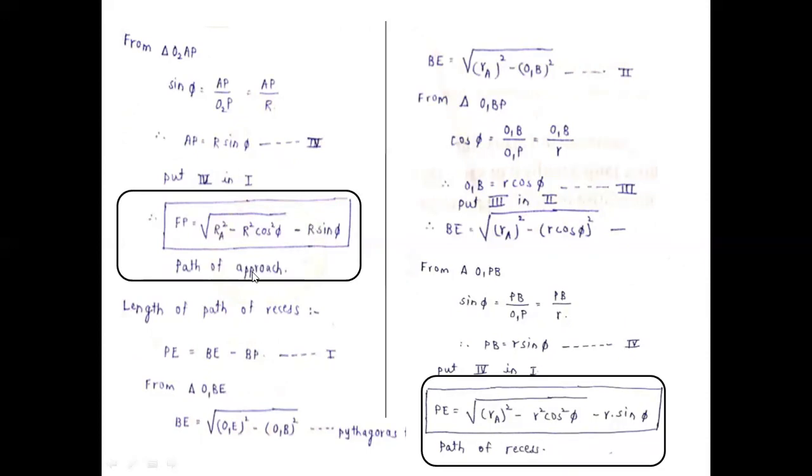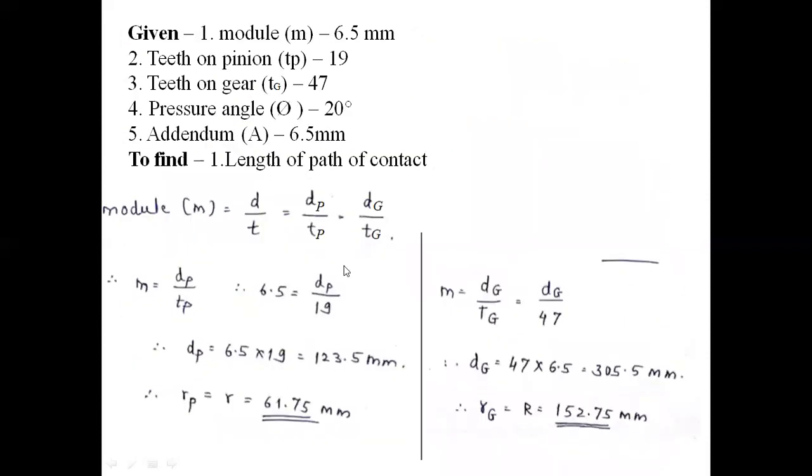In the path of recess formula, we are using the addendum circle radius of the pinion and the pitch circle radius of the pinion. That is the difference you have to remember while writing the formulas. Now come to our actual problem.